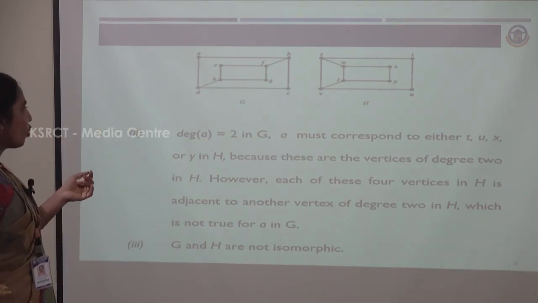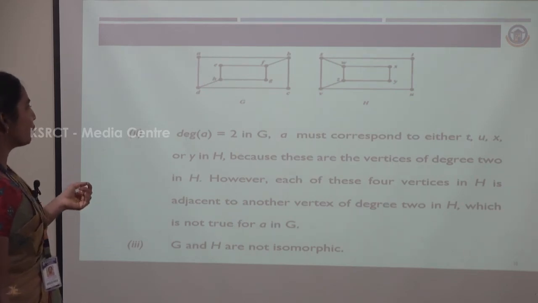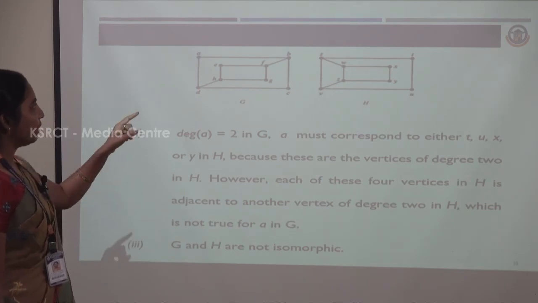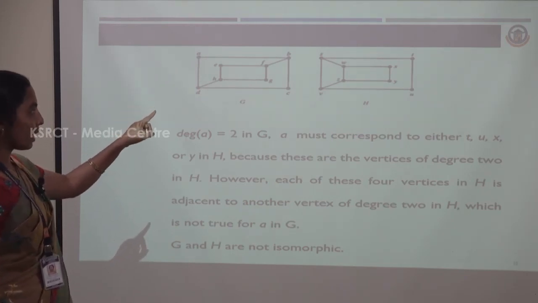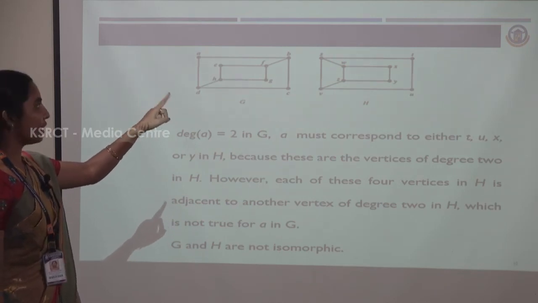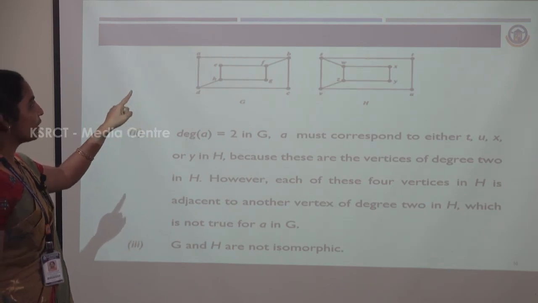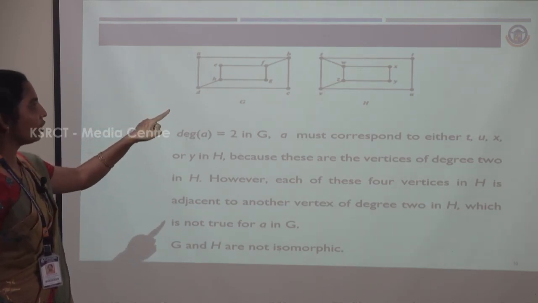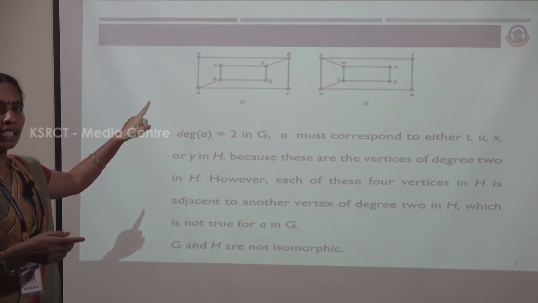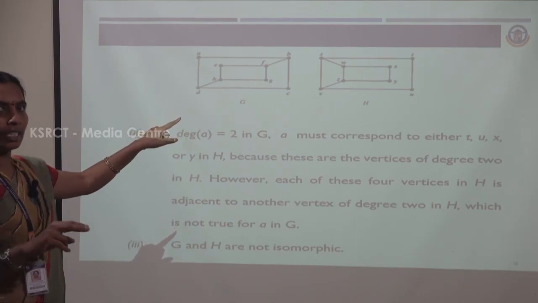However, each of these 4 vertices in H is adjacent to another vertex of degree 2 in H. Let us see from the graph H, the degree of vertex T is 2, but T is adjacent with S and T is adjacent with U. T is adjacent with S, which has degree 3, and T is adjacent with U, which has degree 2.